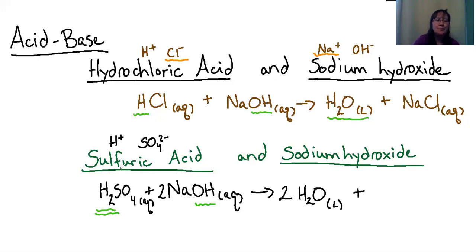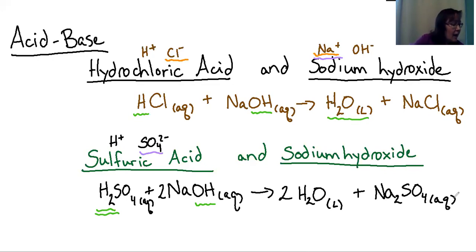Okay, so here we have, and then we take what's left over, and that's the sulfate plus the sodium. And we know that we need 2 Na plus to balance out that 2 minus charge. So this becomes Na2SO4. We know from our solubility rules that sodiums are always soluble, and so this becomes aqueous. Okay, so these are some examples of balanced acid-base reactions.